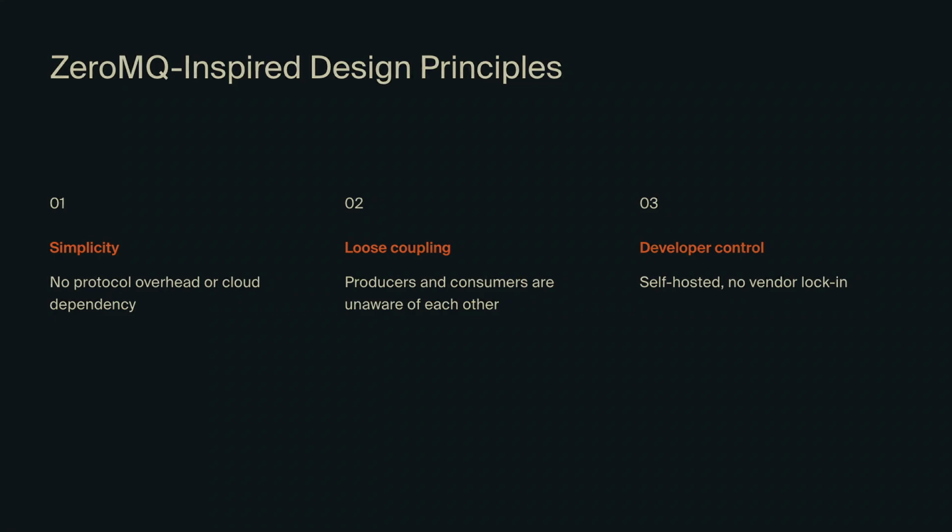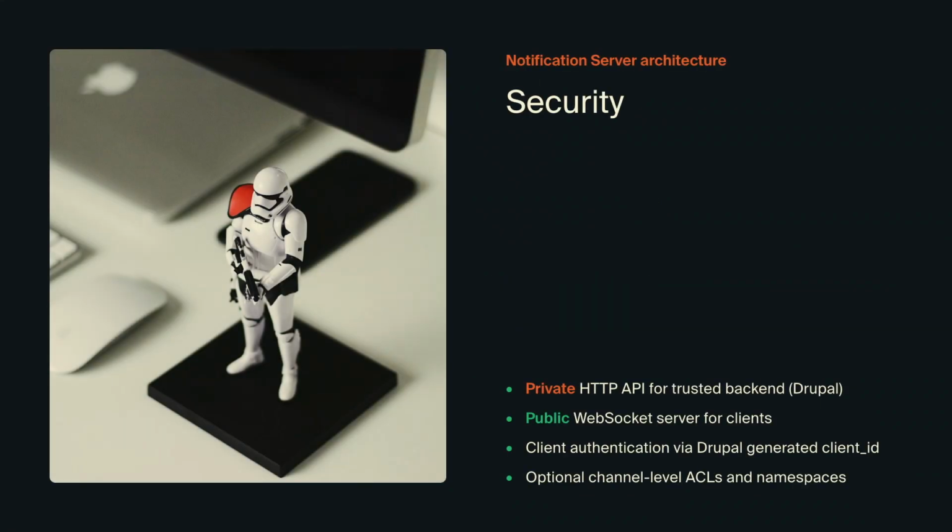Then, of course, security. That's very important, and one of the motivations behind building the notification server was the security part itself. It is easy to use third-party services, but the moment you throw in an access layer, deciding which client ID is available to which user, it gets hard.